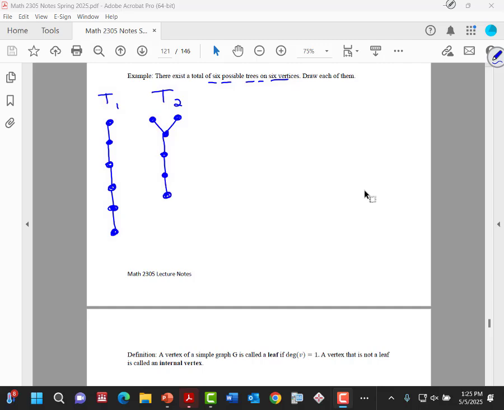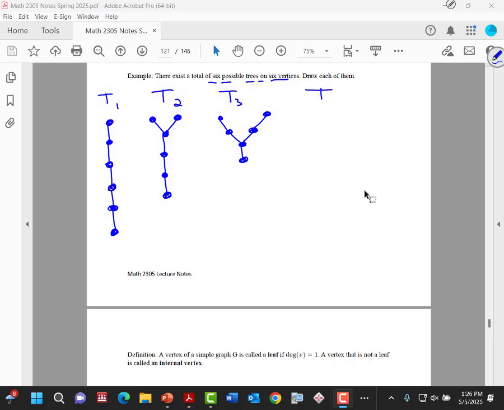Now remember, my claim for each of these, what makes them a tree is the graph is connected, but it has no cycle as a subgraph. Okay, T3. Six vertices, yet again, no cycle as a subgraph.